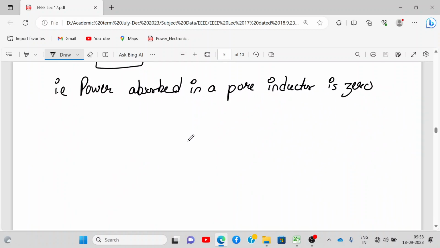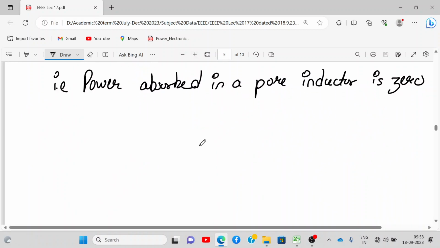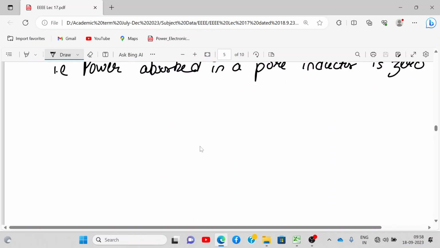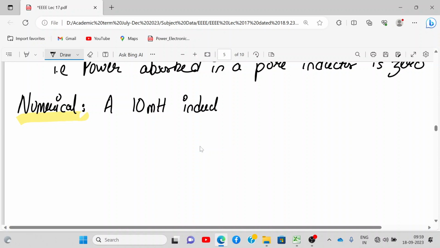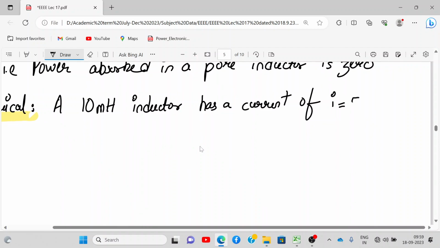Now, write down the numerical. Please write down the statement. Everyone, don't lose focus in the numerical. A 10 millihenry inductor has a current of I equal to 5 cos 2000 t amperes.